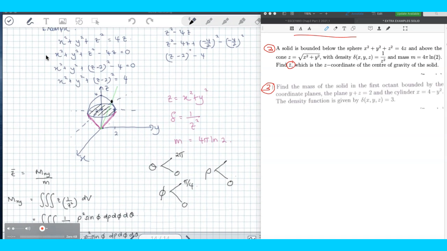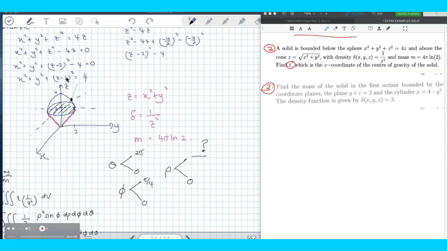So how can you find the equation? The upper bound of rho should be a function that depends on the curve of this sphere.